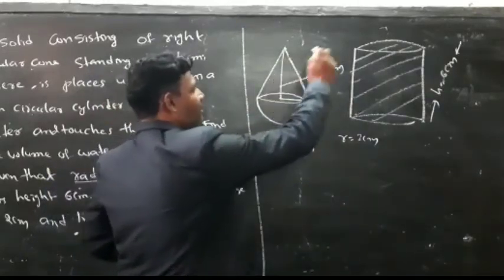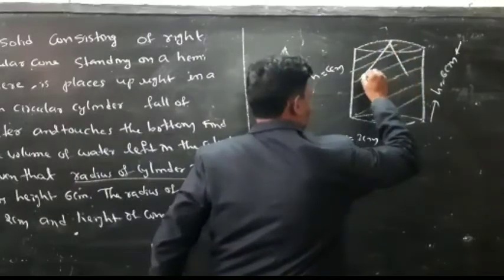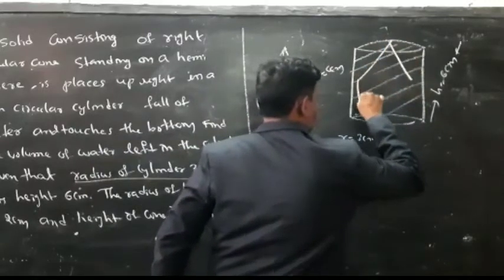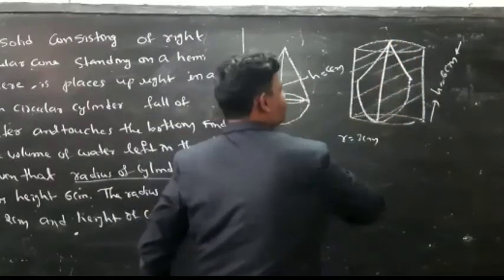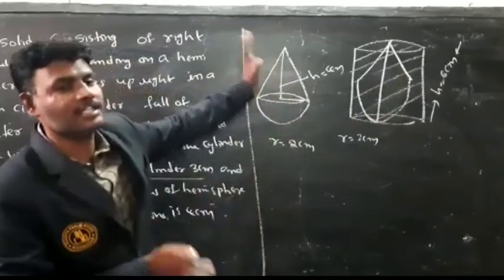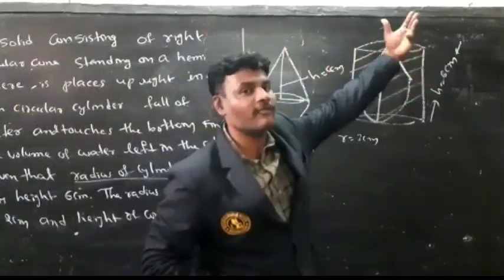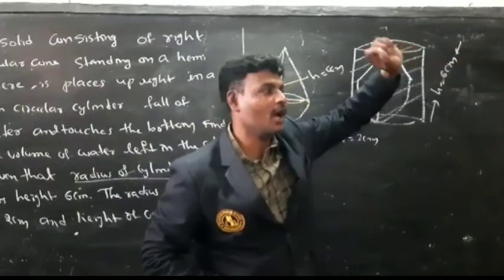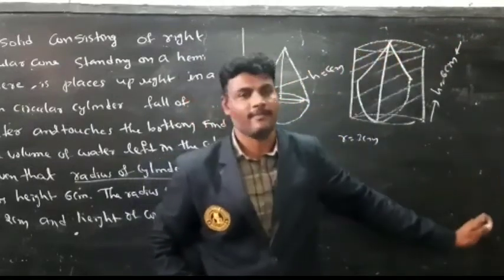Now this solid is put into that cylinder. So the height of the solid is also 6 centimeters. It is fixed in the cylinder. Now, by putting this in, some water flows out from the cylinder. Now you have to find the volume of the water remaining in that cylinder.